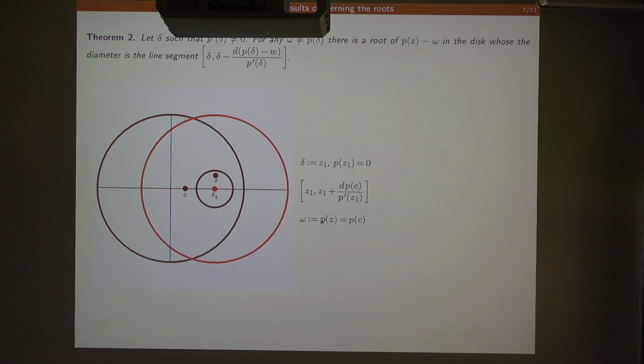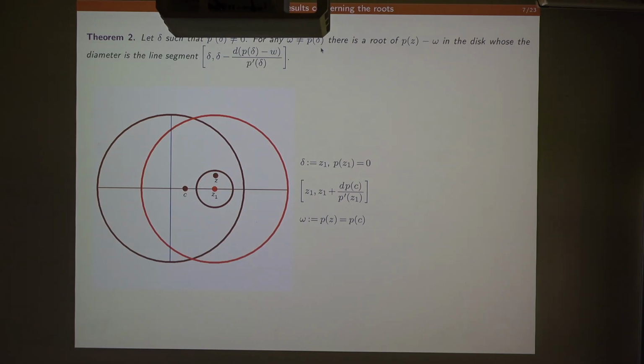Omega equals P of Z. And there exists a root for any omega different from P delta. There is a root of this polynomial for all omega different from P delta. Omega is a complex number.